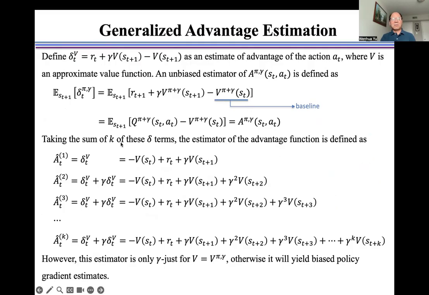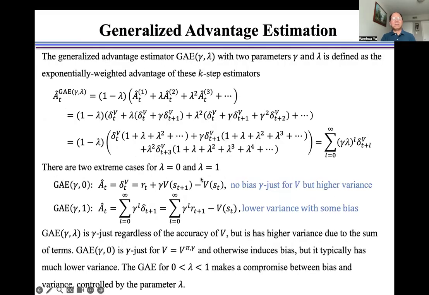Taking the sum of k of these delta terms, the estimator of the advantage function is defined as here, this A1, A2, A3, and this Ak. However, this estimator is only gamma-just for V. Otherwise, it will yield biased policy gradient estimates.